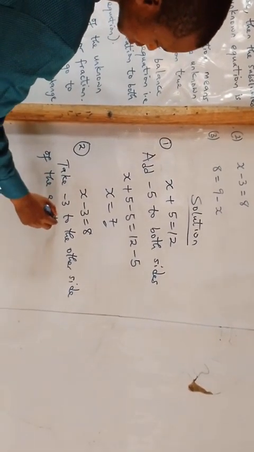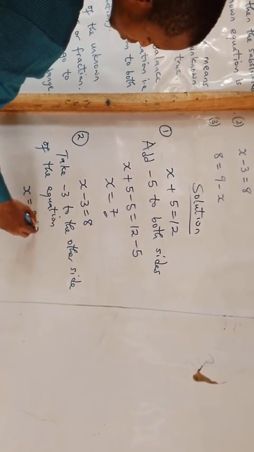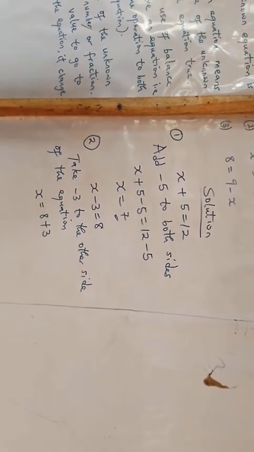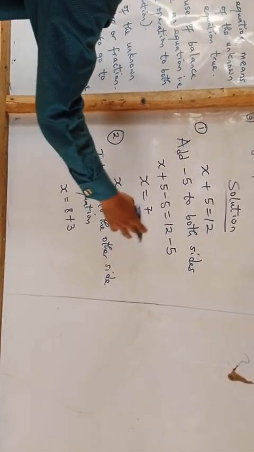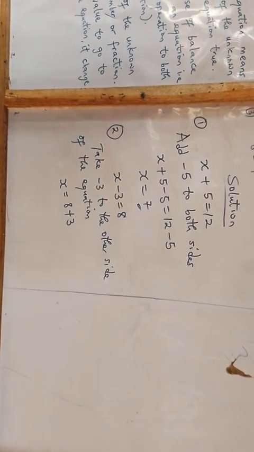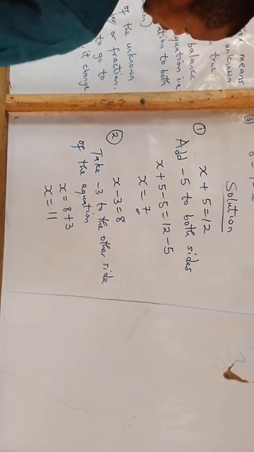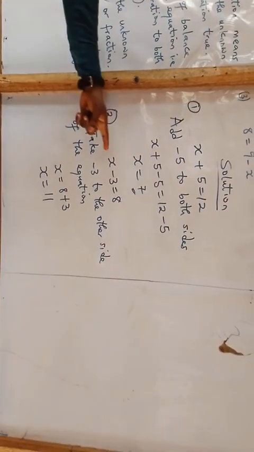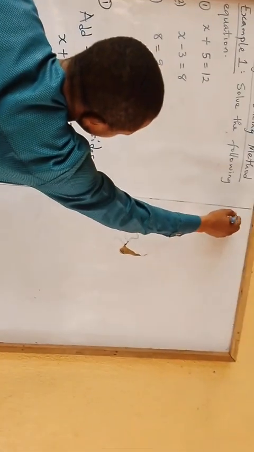By the time I take minus 3 to the other side of the equation, I'm going to have 8 plus 3. Don't forget that when a number or a variable goes to the other side of the equation, its sign is going to change. Then s will be equals to 8 plus 3, which will give me 11. So by the time I have 11 minus 3, it's going to give me 8.